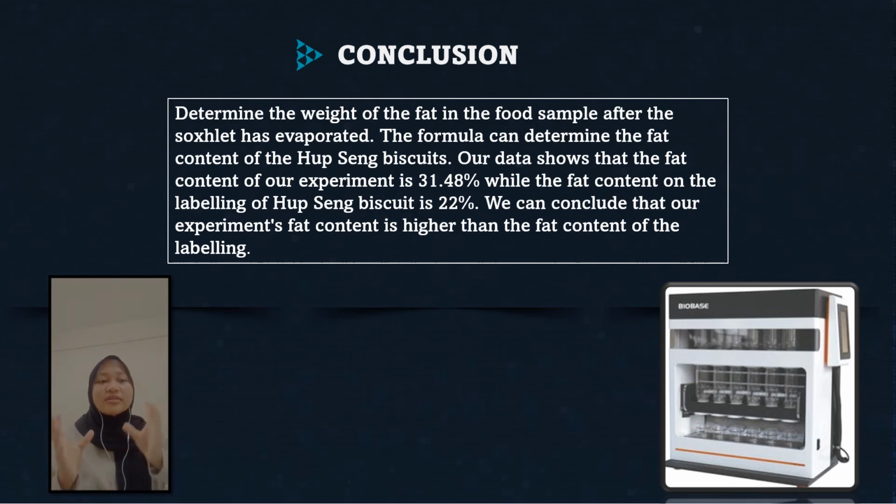Our data shows that the fat content of our experiment is 31.48%, while the fat content on the label of the Half Cent biscuit is 20%. From that, we can conclude that our experiment's fat content is higher than the fat content on the label. Since our fat content is slightly different from the fat content listed on food labels for several reasons, the data we obtained is acceptable.